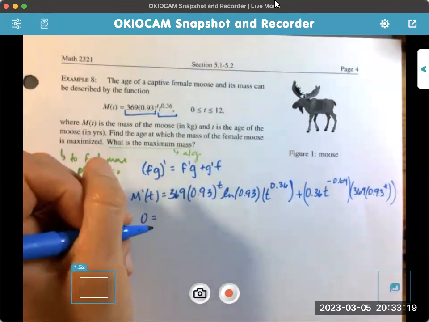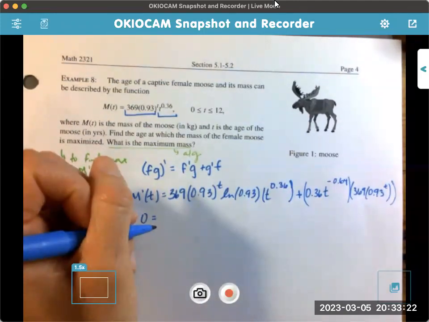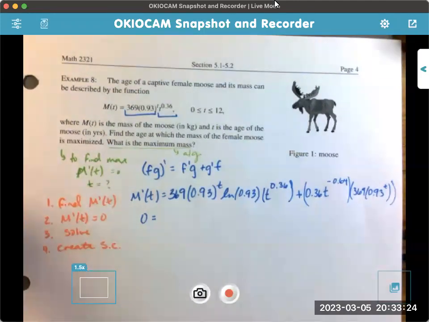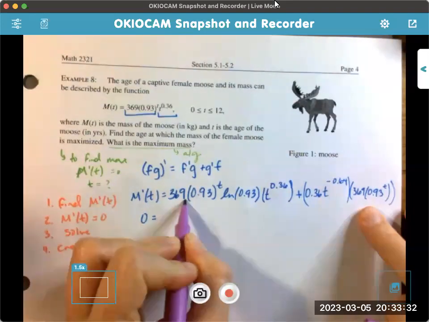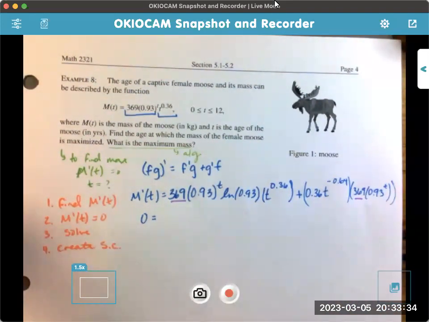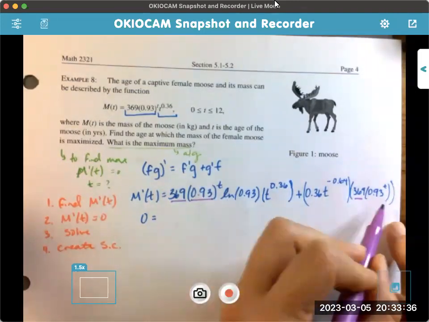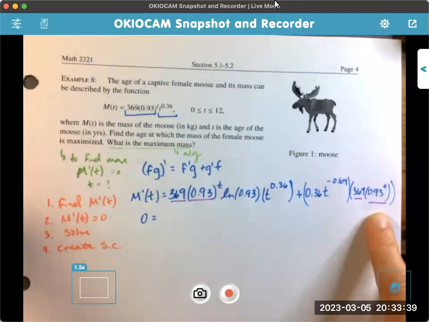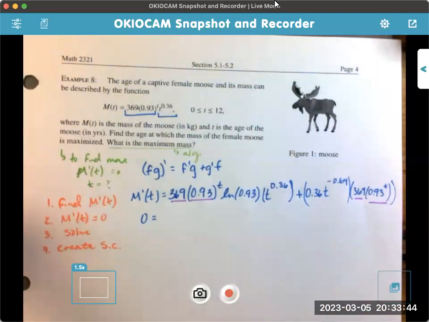I'm going to write it slightly cleaner. This is when I'll start taking stuff out. All right, so common terms to both. Both terms have a 369, so we're going to take that out. Both terms have the exponential of 0.93 to the t. So we're going to factor those things out.